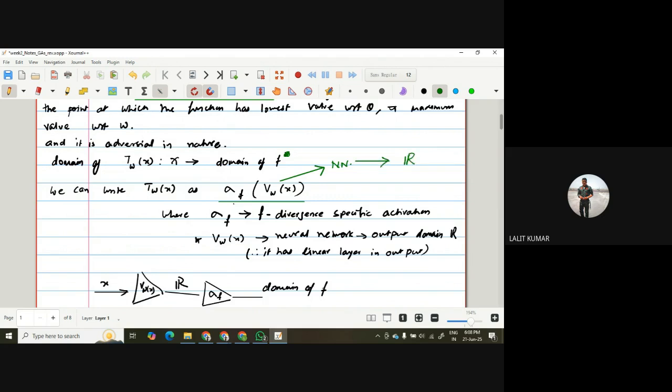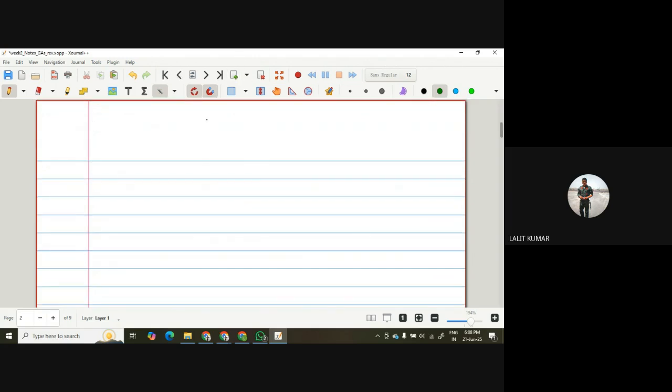If we draw this visually, this is V_w(x). It takes x, its output is a real number, and then it passes through an activation function, the sigma of f.